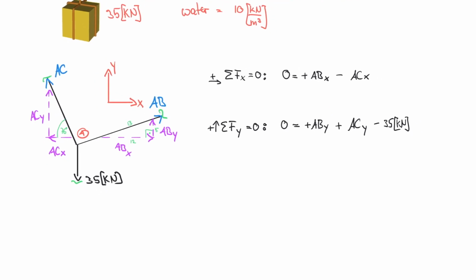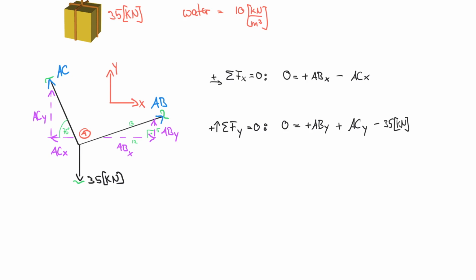So I need, of course, access to my image here so that I can write 0 is equal to ABX. So what is ABX? ABX is really AB multiplied by 12 divided by 13, right? 12 over 13. And again, this is positive.